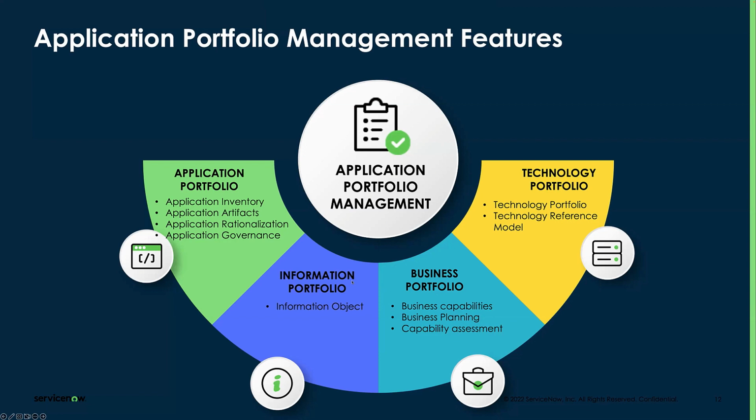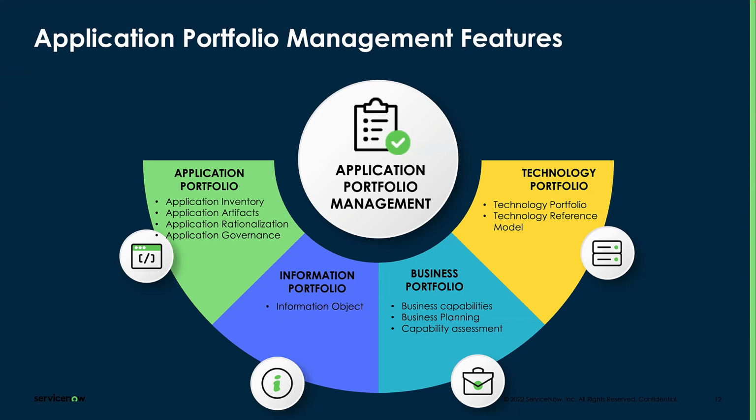Information portfolio allows you to construct that list of information objects at the logical level. What are the logical key data elements that this application is using? And then you can do things like associate these things back to risk or other regulatory type issues.